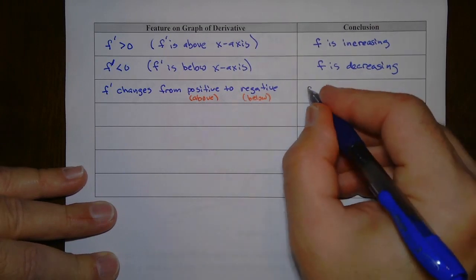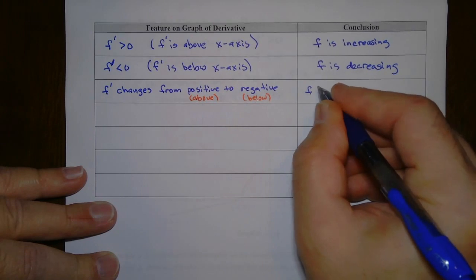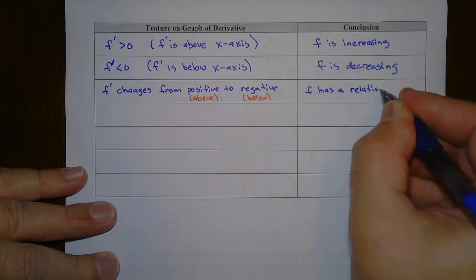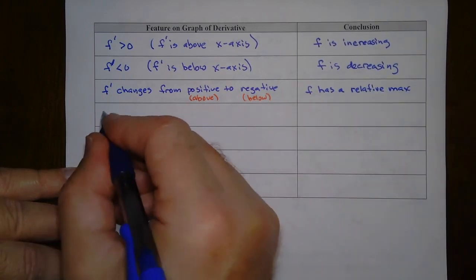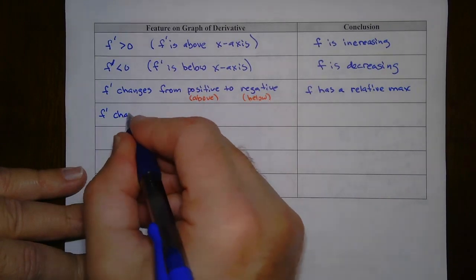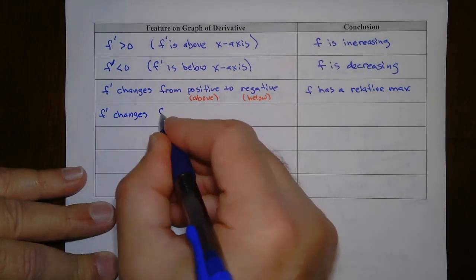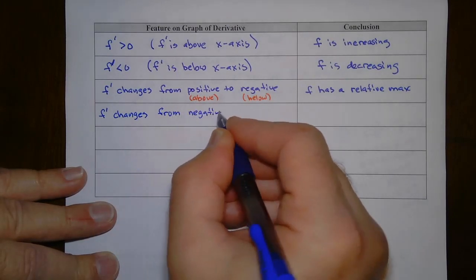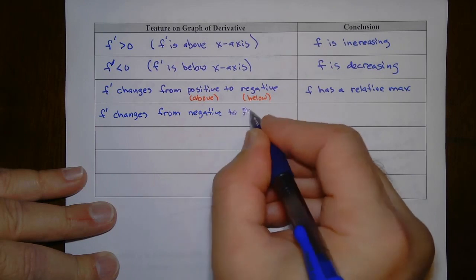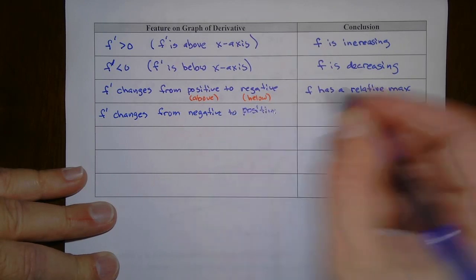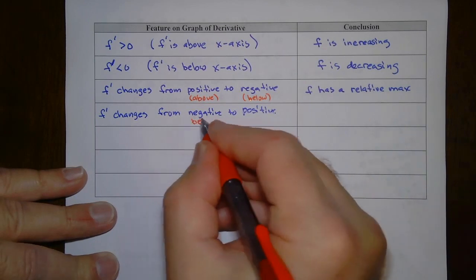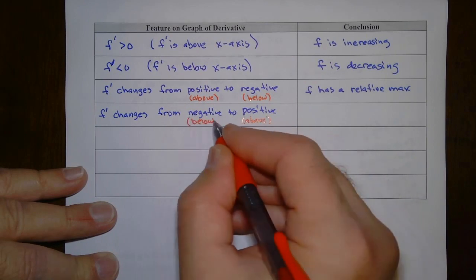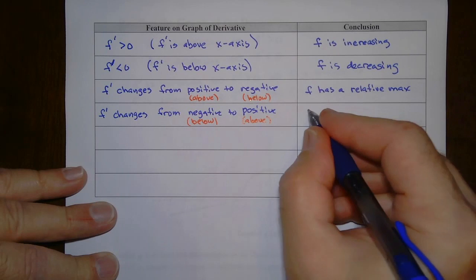But we would say f has a relative max. And if f prime changes from negative to positive, again, that would mean changing from below the x-axis to above the x-axis, then we would say f has a relative minimum.